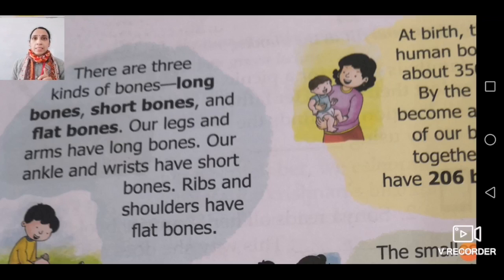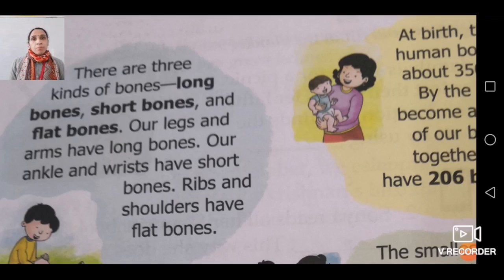Now our legs and arms have long bones. You can see different parts of your body where you will find long bones, like the upper arm or the lower arm, and your thigh bone also. All that comes in long bones.